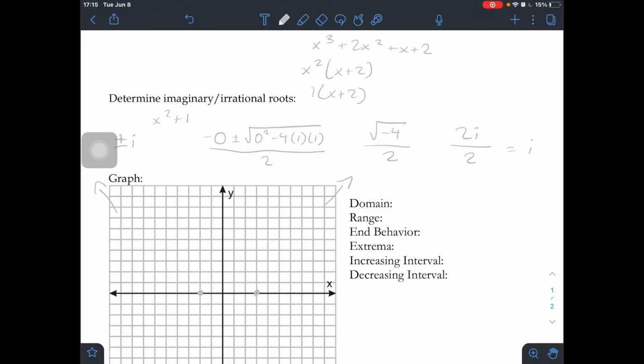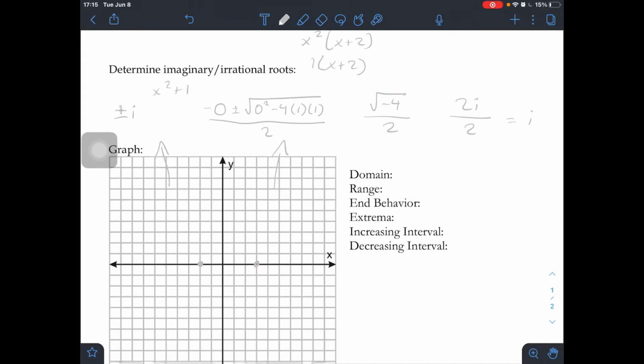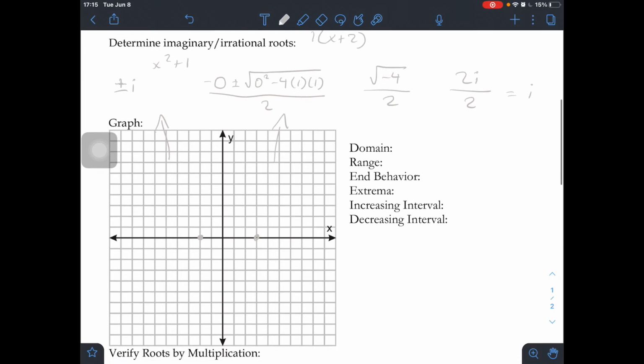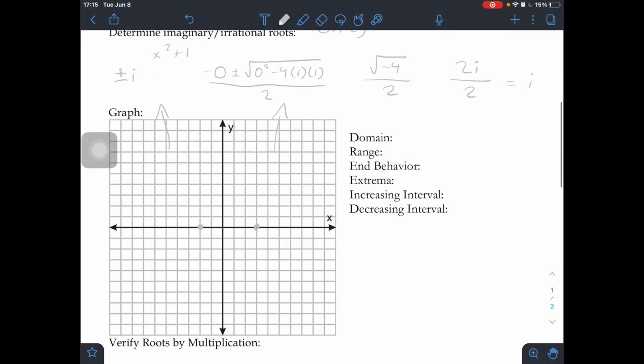This is not really going to be perfectly to scale, but let me make this better. It's actually going to look something more like this. According to how I've graphed it on my calculator, the absolute lowest extrema seems to be roughly at negative 20, so it's not even going to be on this graph.